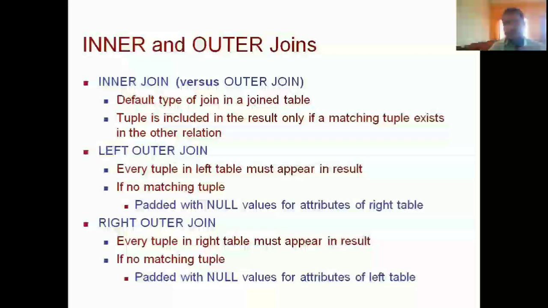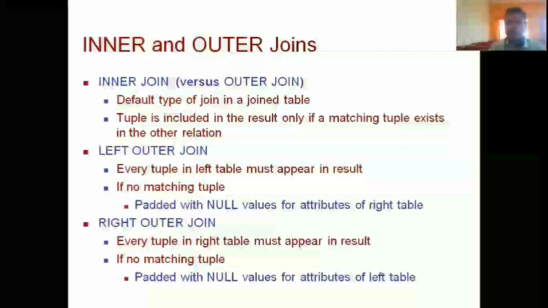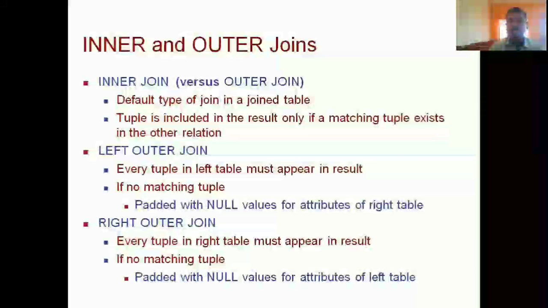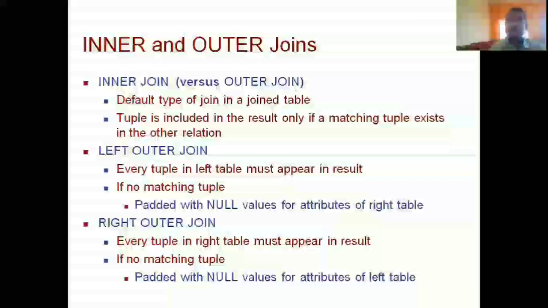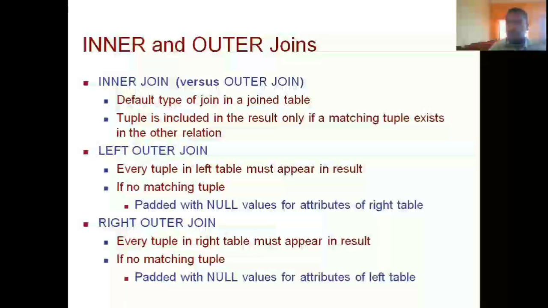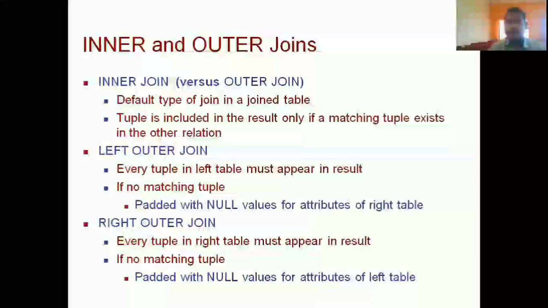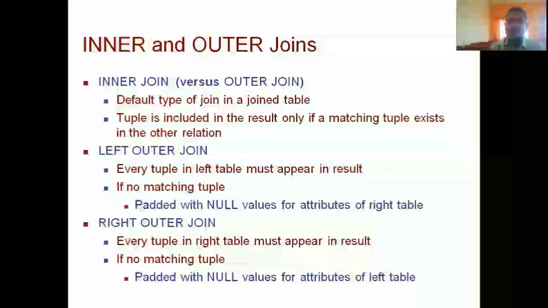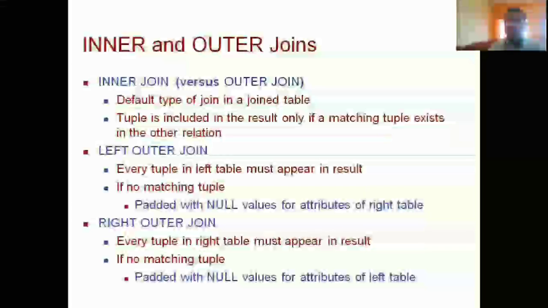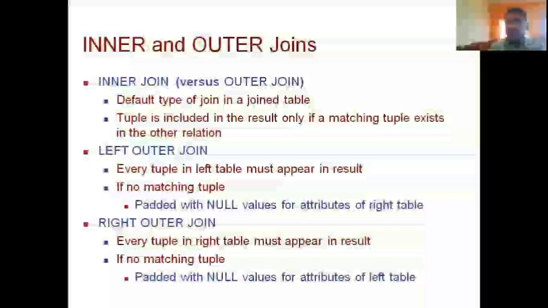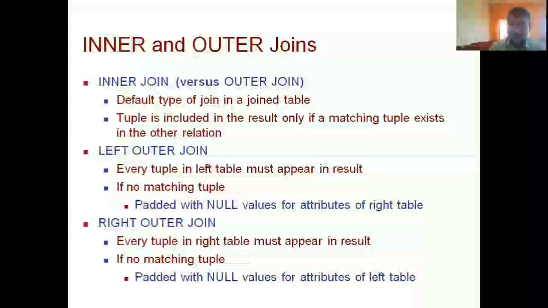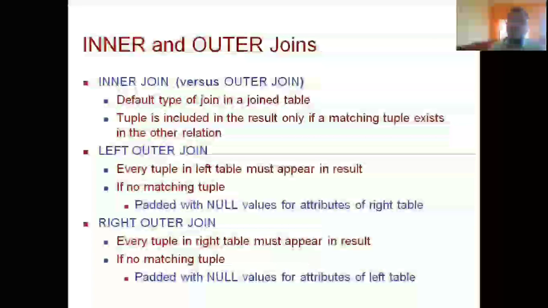If there are no matching tuples, some attributes which are not common may be different and are not compared. For example, if table 1 has 5 attributes and only 2 match table 2, the remaining 3 do not match, so they are padded with null values for the attributes of the left table.